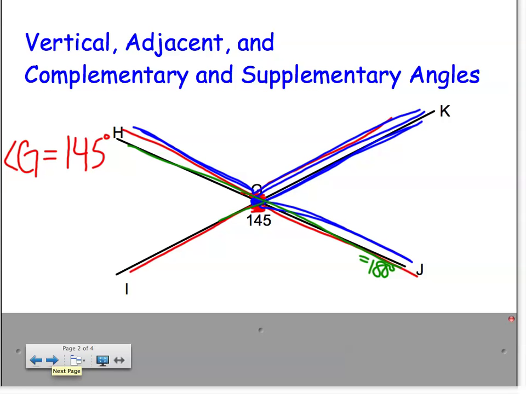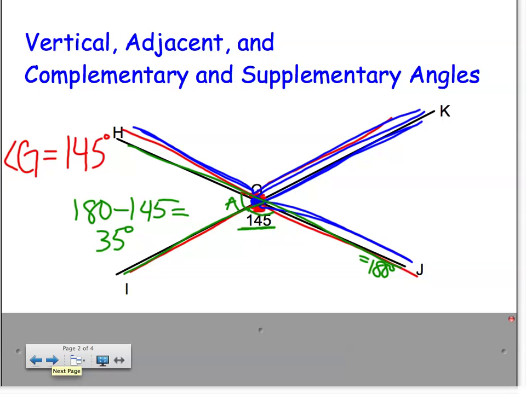So that means that if it's split right there and this is equal to 145, to find the supplementary angle, let's say A, right there, we would need to subtract 180 minus 145 because this angle and this angle will have to add up to 180, and that would equal 35 degrees. That would be the supplementary.